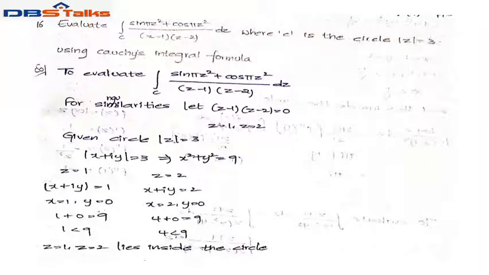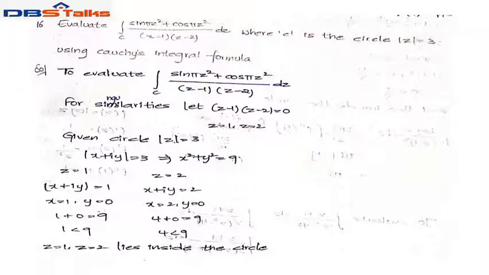Of the two singularities, the first singularity is z equal to 1. To verify whether the singularity is inside or outside, mod z equal to 1 means x plus iy equal to 1. Comparing both sides, real part is 1 and imaginary part is 0. And the circle equation is x square plus y square equal to 9.